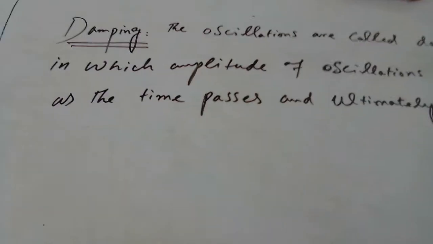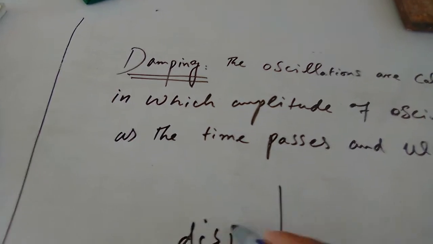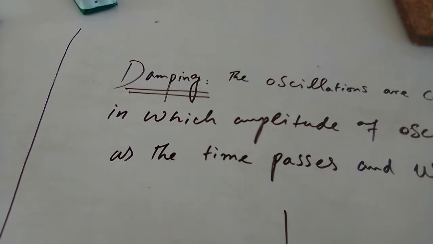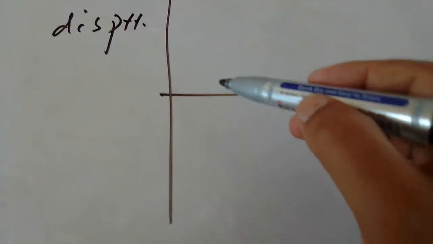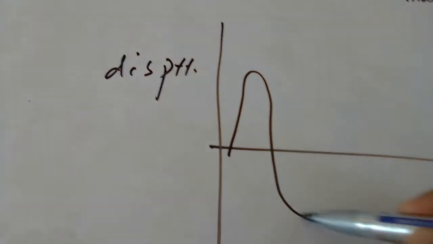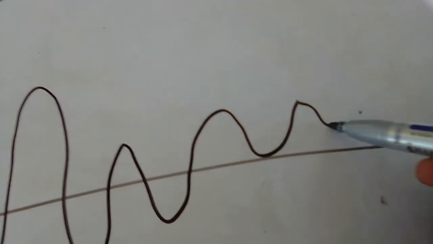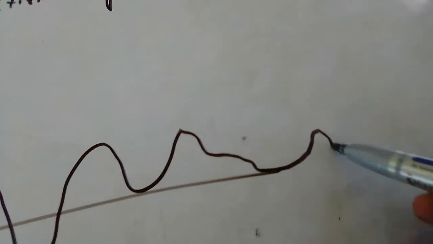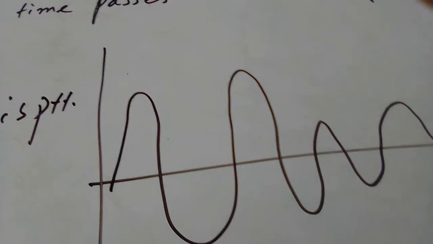Let's say this is a displacement versus time graph. This graph shows damped oscillation.